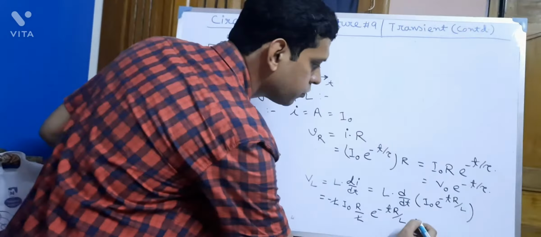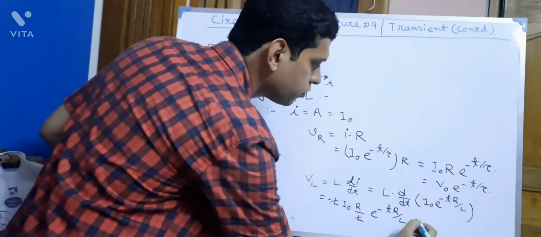So this will be minus V0 e to the power minus t by tau. VL is another exponentially decreasing function. But at t equal to 0, VL equal to minus V0.